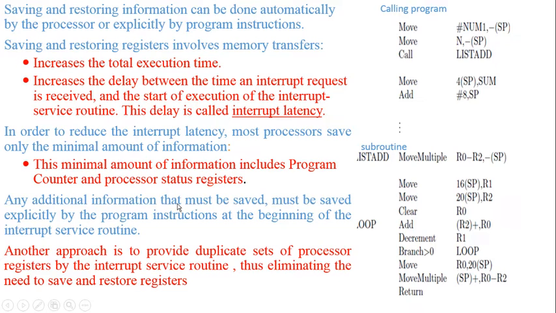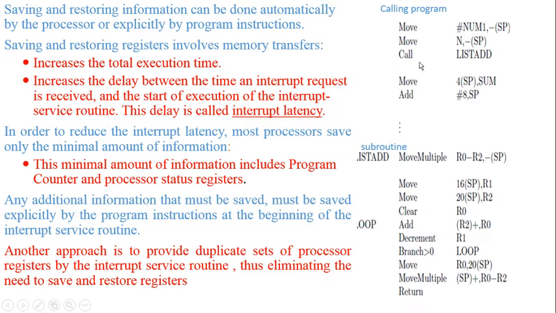Any additional information must be saved explicitly by program instructions at the beginning of the interrupt service routine, just like in subroutine execution. This is an example that we have already discussed in the topic of subroutine execution.